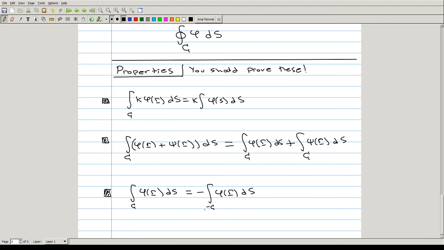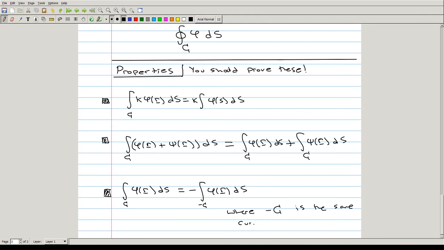It does take a little bit of explanation to define what this notation means, but it's not too bad. It makes it very intuitive. We just mean negative C is the same curve as C, but traced in the opposite direction.